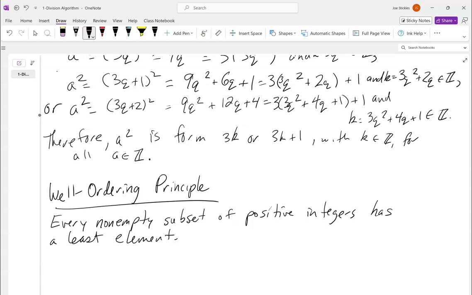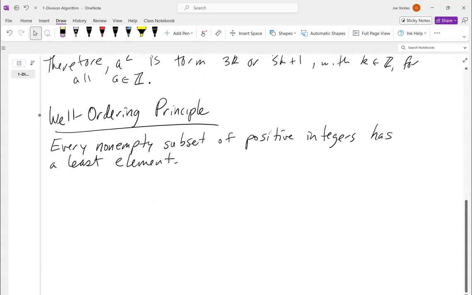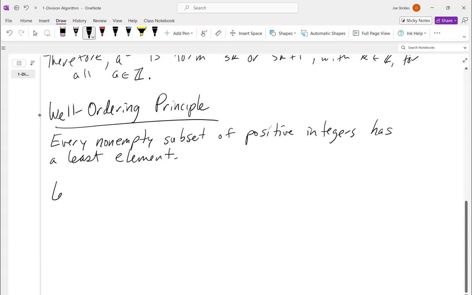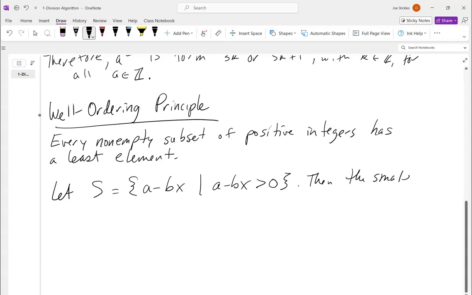I'm not going to go through the whole proof, but the idea would be, let's suppose that B doesn't evenly divide A. So you would let S be the set of all A minus BX, where your A minus BX is greater than 0, then the smallest element of this set is the remainder. That's how you use it to get the remainder.